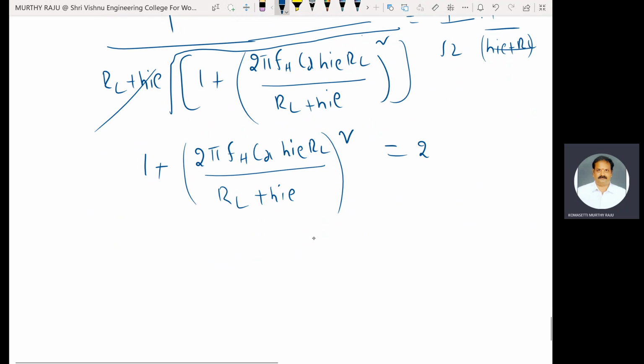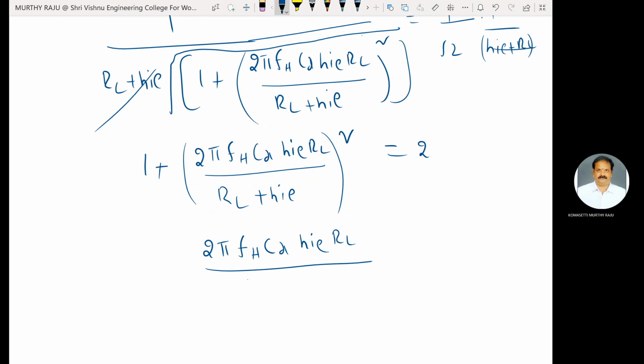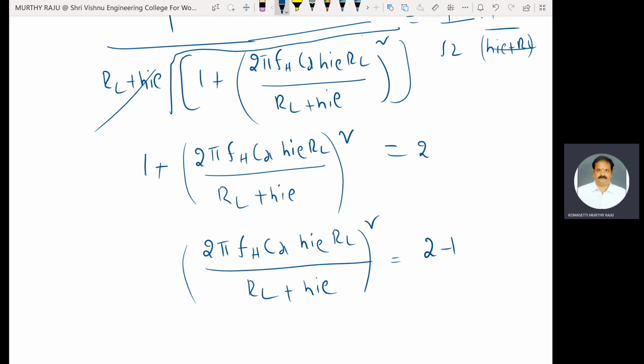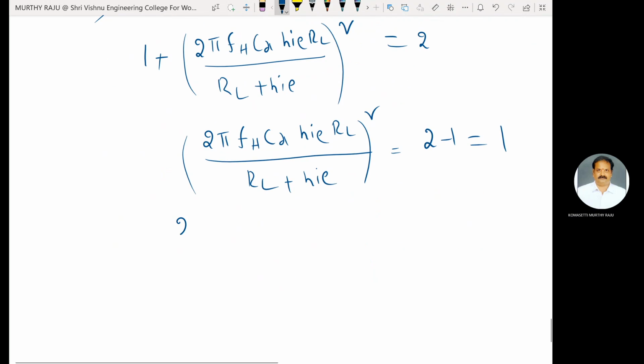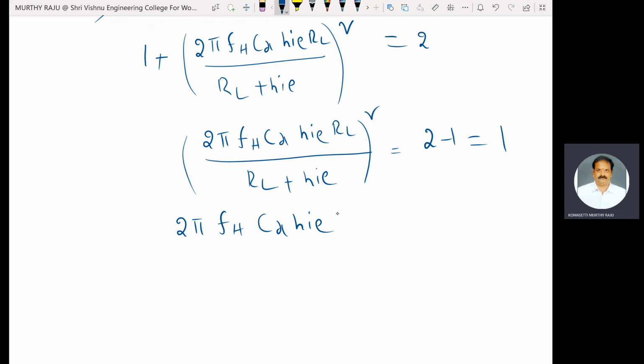That is equal to 2. So 2 pi FH CD HIE RL by RL plus HIE whole square is equal to 2 minus 1, that is equal to 1. Therefore, 2 pi FH CD HIE RL by RL plus HIE is equal to root 1, that is equal to 1.